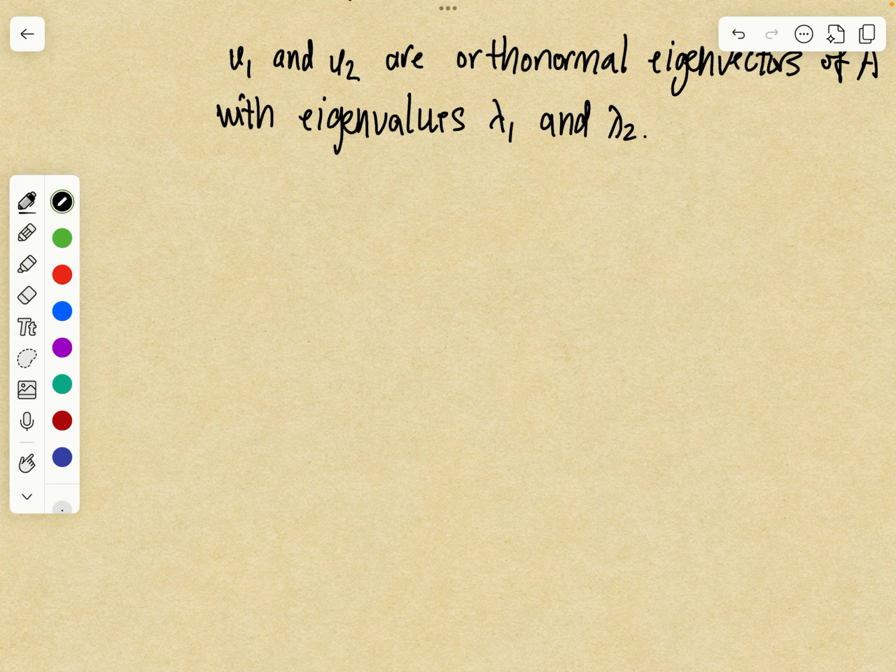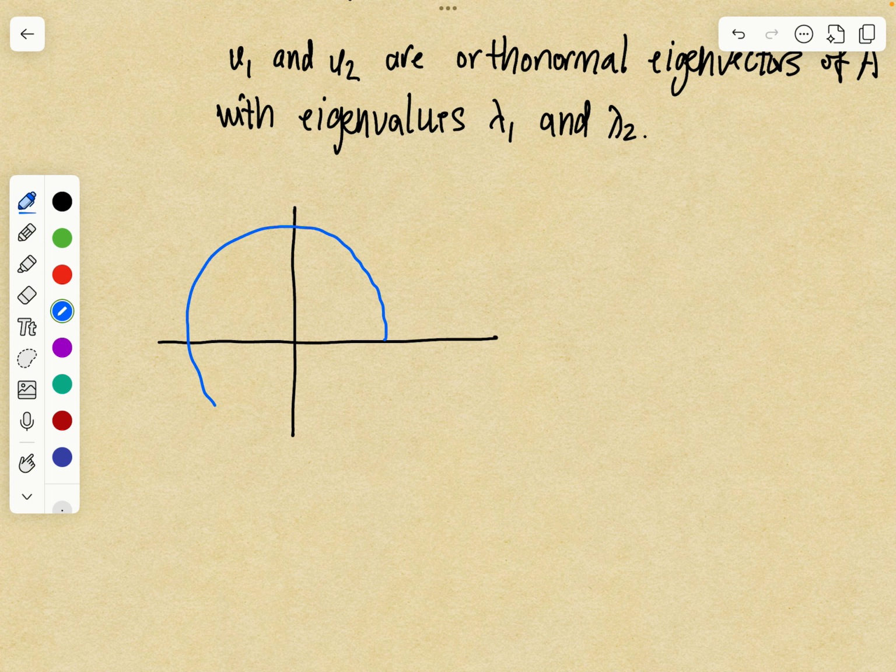Here's the x1 axis and x2 axis, so this is the domain of the quadratic form.